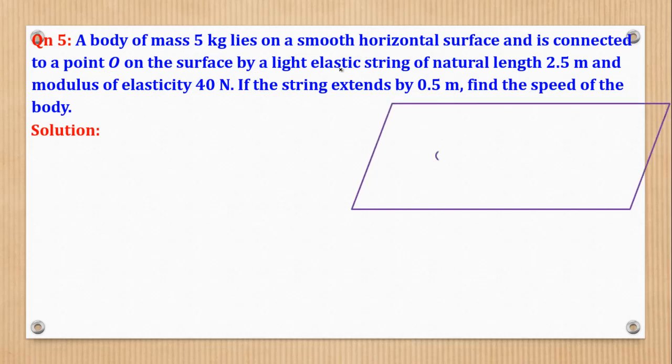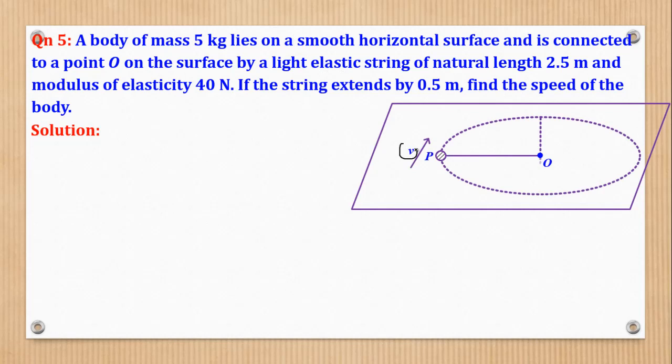So you still need to draw the same diagram I've been drawing. This is the speed they want. That will be the radius of the circle, tension in the string, weight, normal reaction.